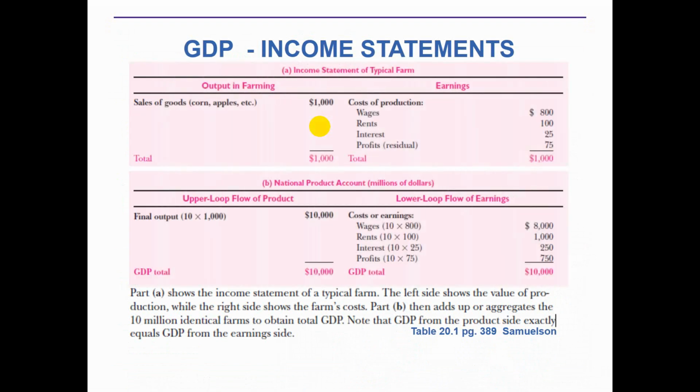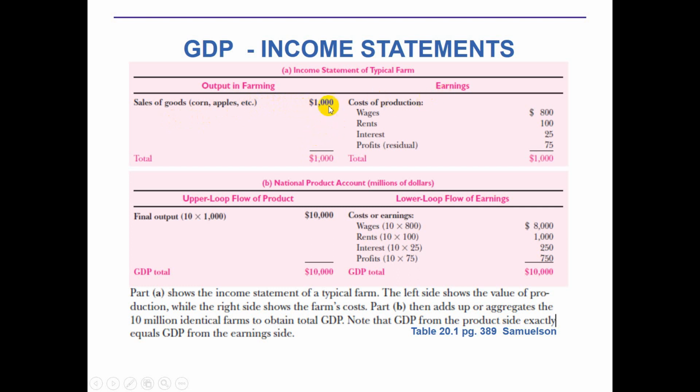If we see the income statement of GDP, in the upper part it shows the income statement of a typical farm. This is how we calculate GDP, from a single farm to the entire economy. Here is the sale of goods. This is the simplest farm, an agricultural farm producing corn and apples. The value of those goods is $1,000.